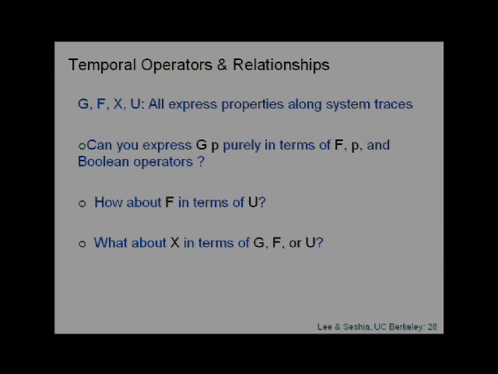That will work because this certainly holds, and this just makes the requirement that P must be true in the future. So the way you would write it is true until P. So F can be expressed in terms of until, G can be expressed in terms of F. Therefore, both F and G can be expressed in terms of until and the Boolean operators.